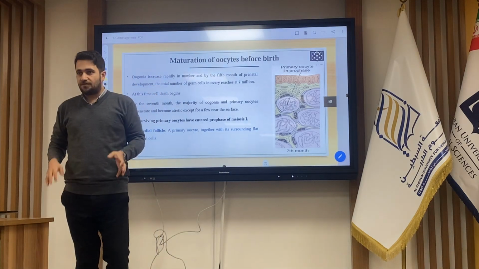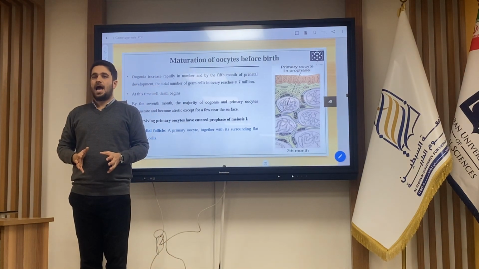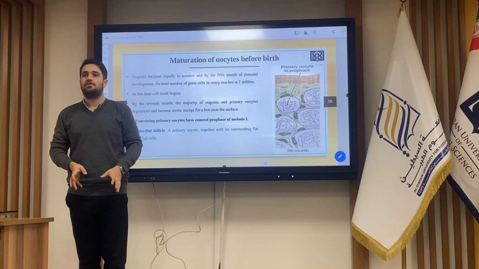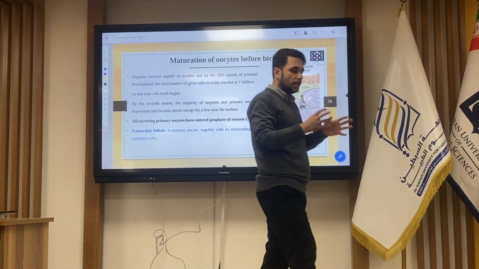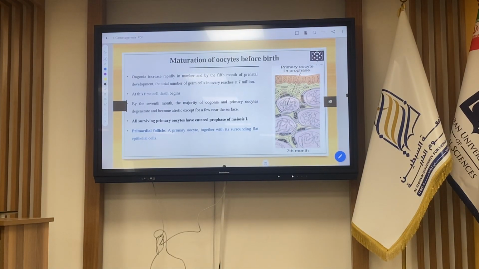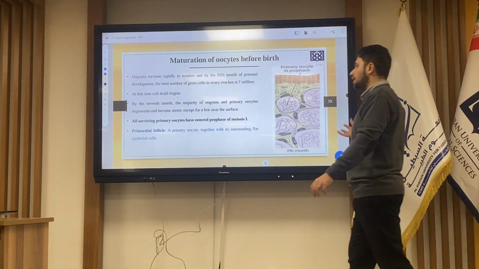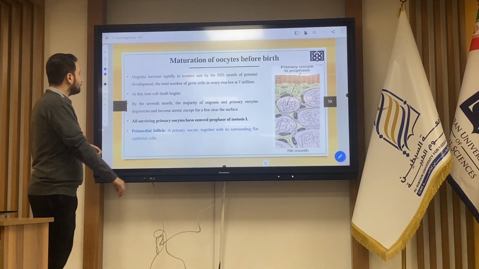So we have stopped at the prophase of meiosis 1 until puberty. When puberty is happening, it completes meiosis 1. And again, it stops at meiosis 2. And when the fertilization is happening, it completes meiosis 2 and the rest of it.